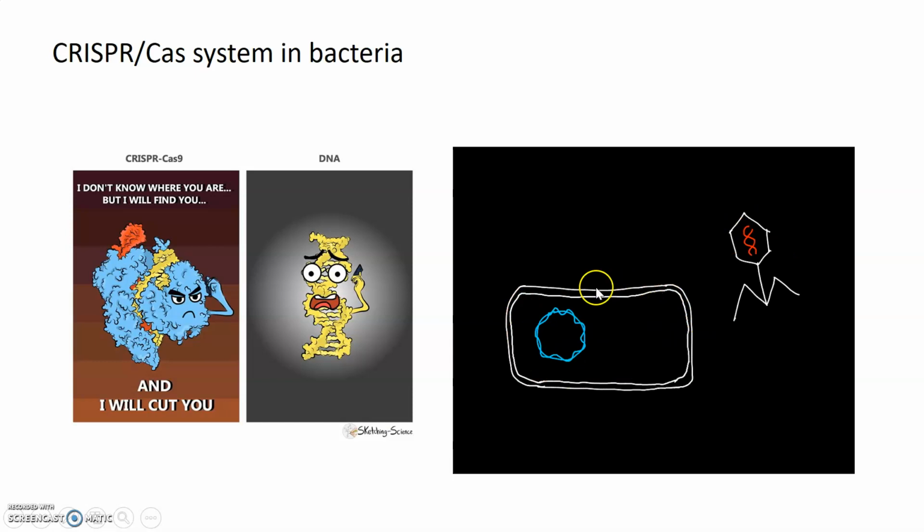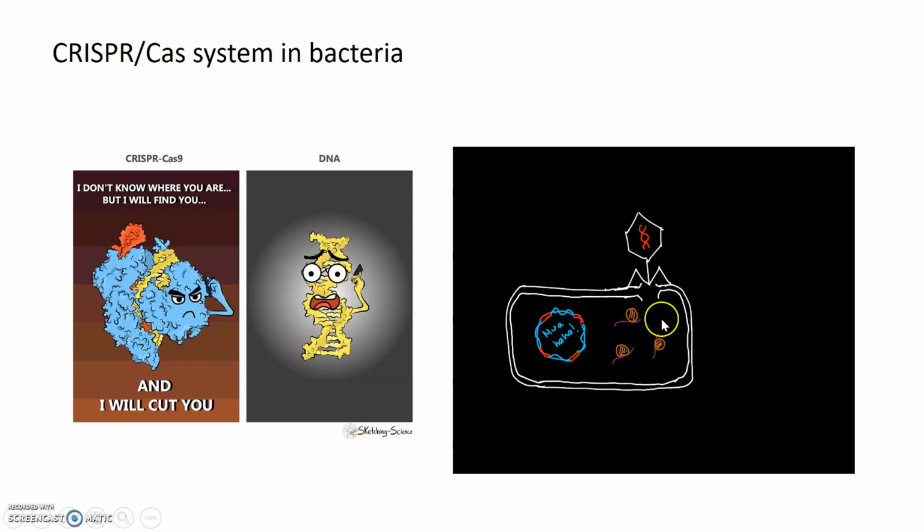And so here's a bacterial cell being infected with a virus, and the virus injects its DNA into the cell, and that bacterial cell can cut up and incorporate these pieces of viral DNA into its own chromosome, which is that blue circle here. And then it can generate small RNAs, which bind to the enzyme Cas9. And the next time a virus tries to do the same thing, injects its DNA, these Cas9 RNA complexes chew up that viral DNA and prevent another viral infection, right?